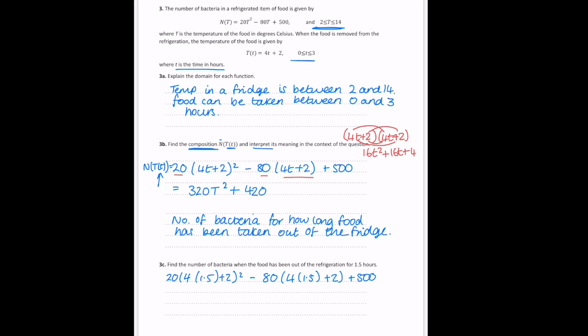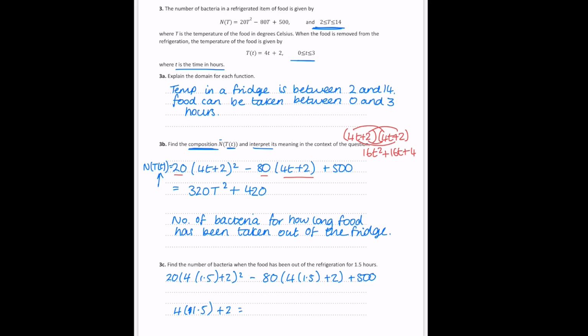Or you could use the original, and the original would be taking the temperature function. So for 4(1.5) plus 2. And then when you've got that answer, you're then putting that into the number function, and then once you've found that, you're then putting that into your function for the number of bacteria.